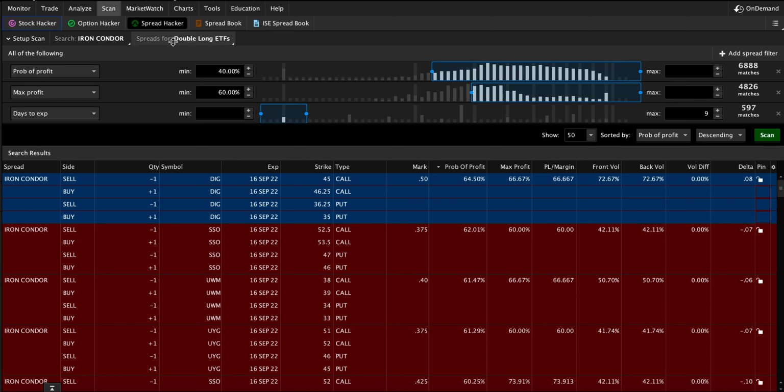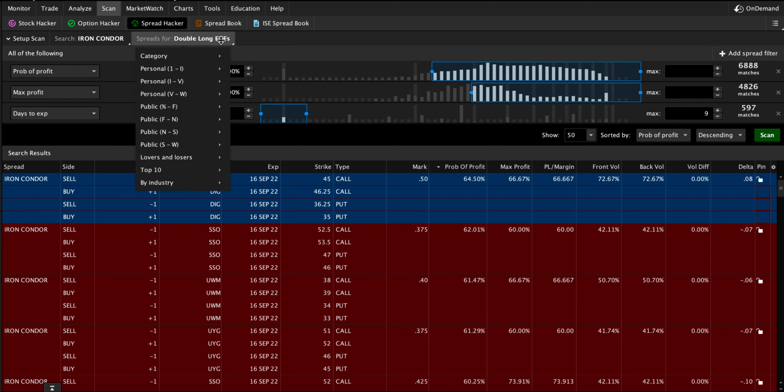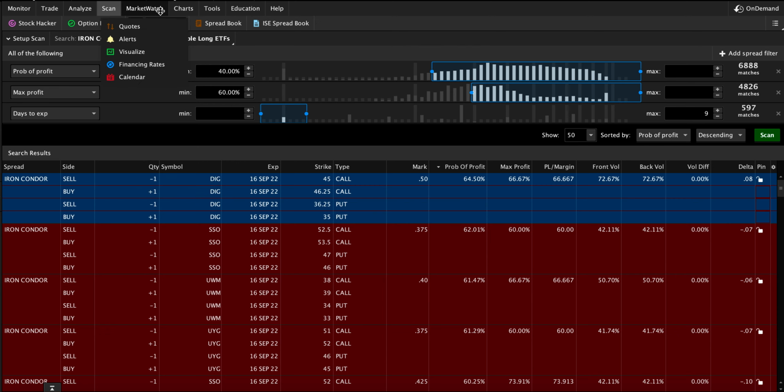One thing that's very important is here: you can build your watch list and use that. There are different ways. Some people will use low volatility, low IV, or a decrease in IV, to build a watch list and then try to sell an iron condor on that.